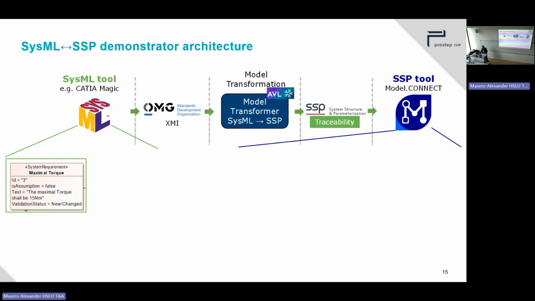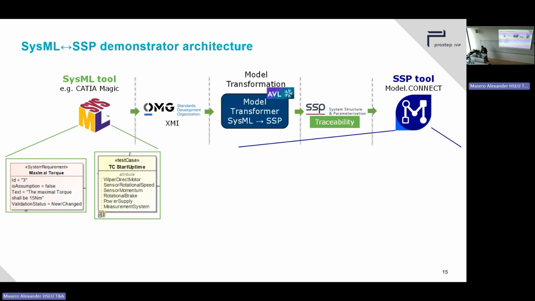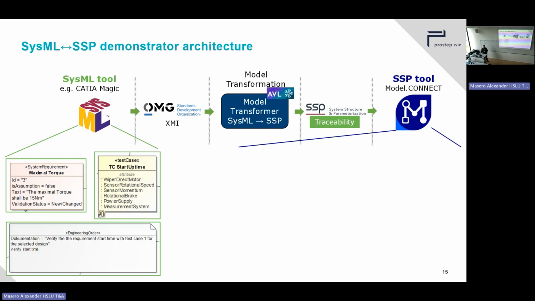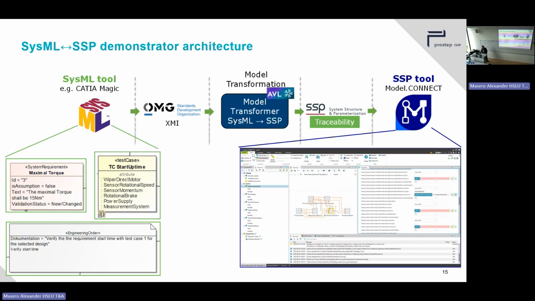There are, for example, requirements or test cases or even engineering orders that could be in your system architecture model, and obviously these pieces of information are relevant for your simulation tasks. So we can also include this information in the SSP traceability package and provide it automatically to the credible simulation process.